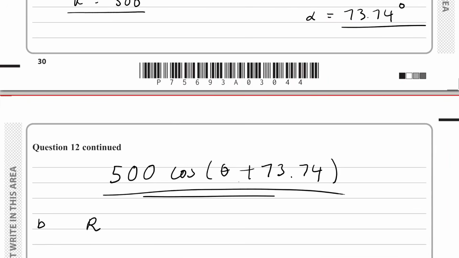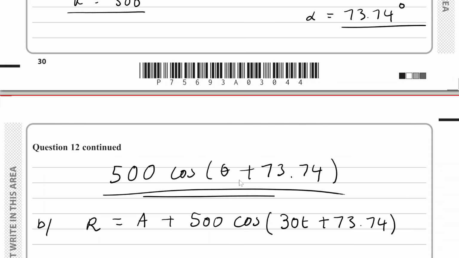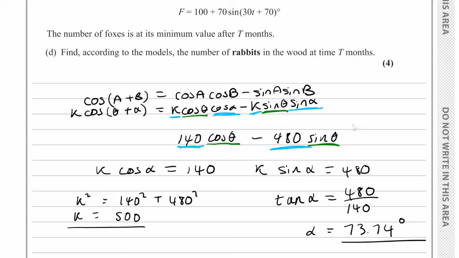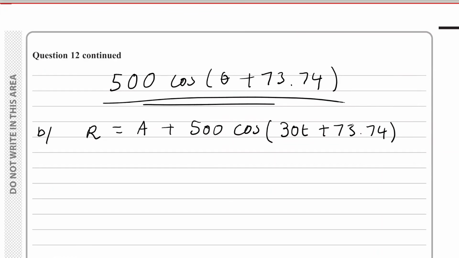So R is going to be A plus 500 cos, but instead of theta, it's 30t plus alpha. The maximum was 1,500. For this part, it's 500 cos, so the maximum is going to be 500.